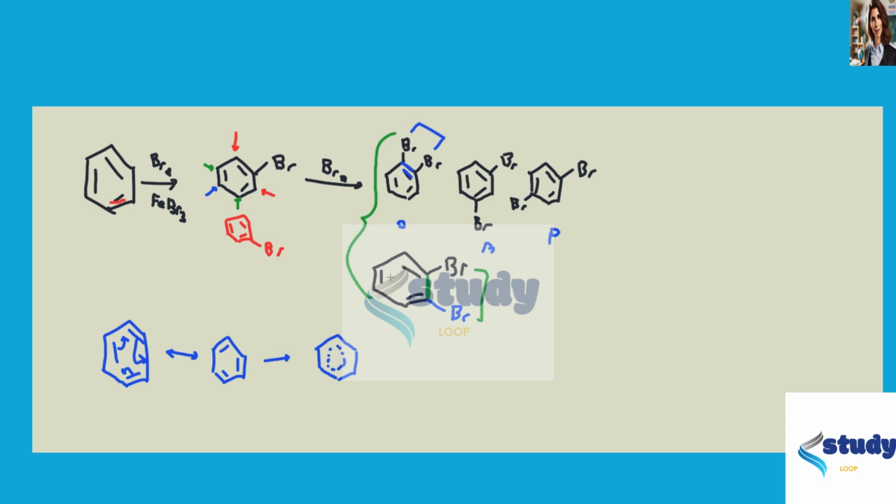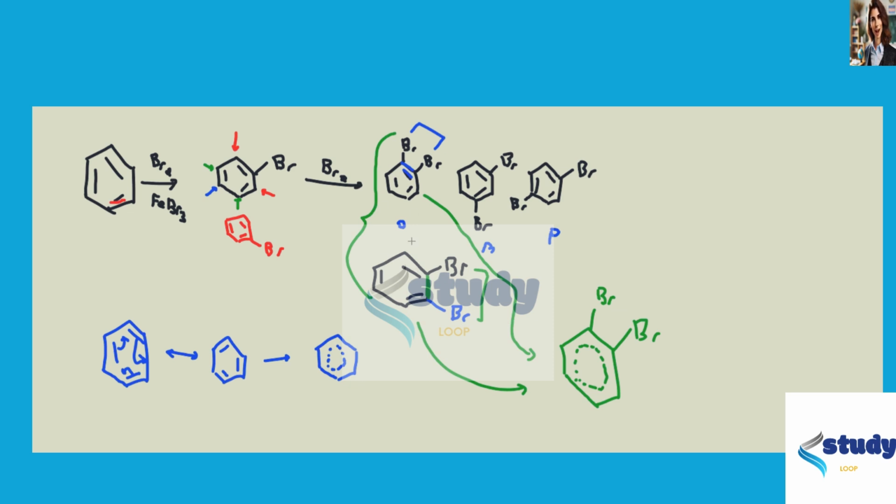Why? Because we know that benzene in resonance structure actually is a hybrid between these two forms. So in essence, these two structures are actually represented by a benzene ring that has its double bonds all around the ring. And then if we draw two bromines on an ortho position, or one bromine on an ortho position, doesn't matter if you flip it 180 degrees or like this, they represent both of these structures here.